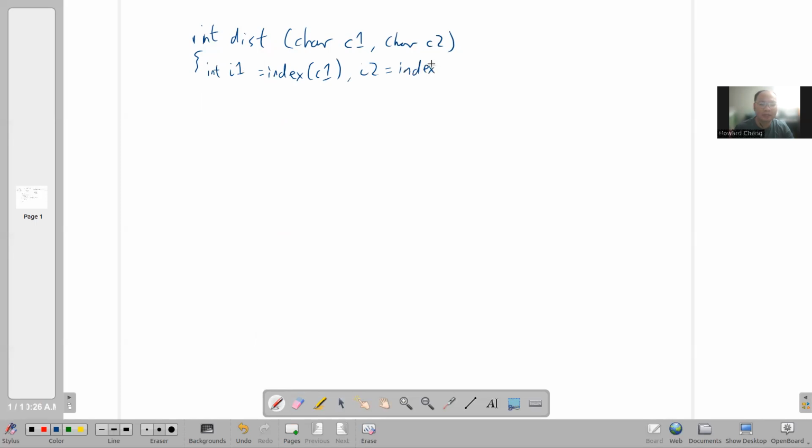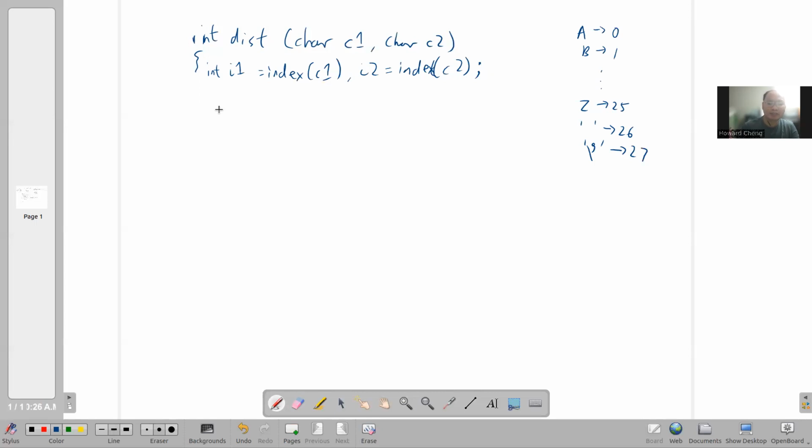That's going to give me a number between 0 and 27, right? So what I want is A goes to 0, B goes to 1, all the way to Z goes to 25, and then space goes to 26, and then the quotation mark, I guess we should do this, is 27.